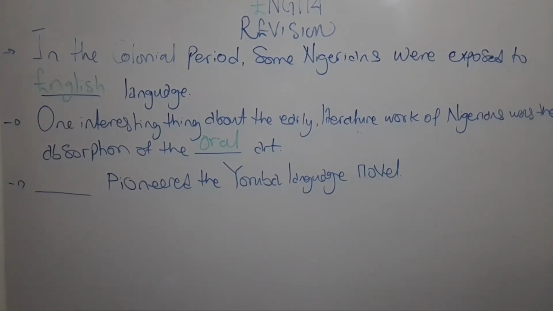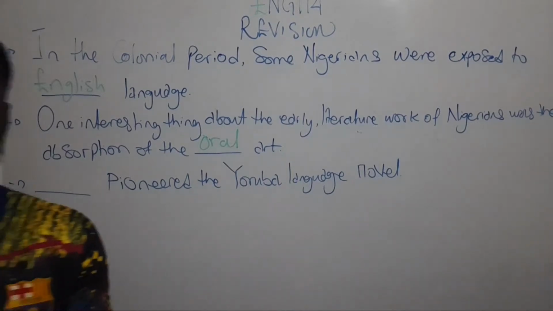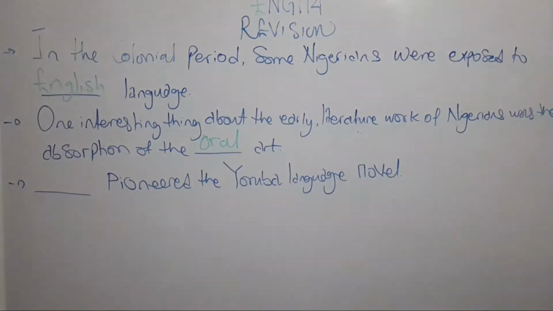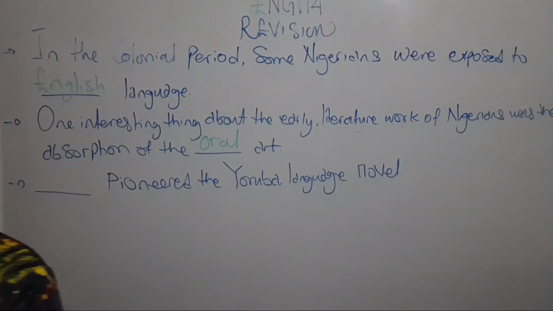Is anybody helping us with that? Who pioneered the Yoruba language novel? Awesome. I'm seeing some nice responses. Fagunwa is the name. Fagunwa is actually D.O. Fagunwa, who pioneered the Yoruba language novel.